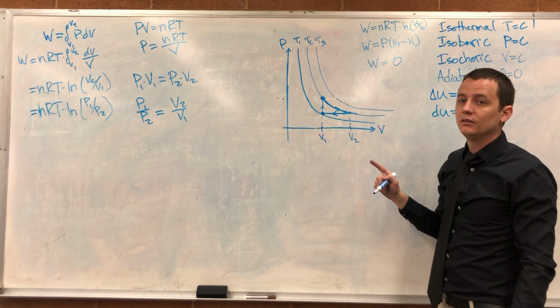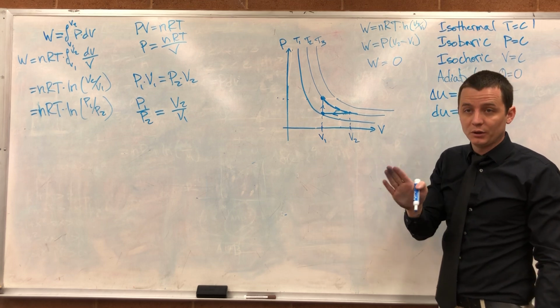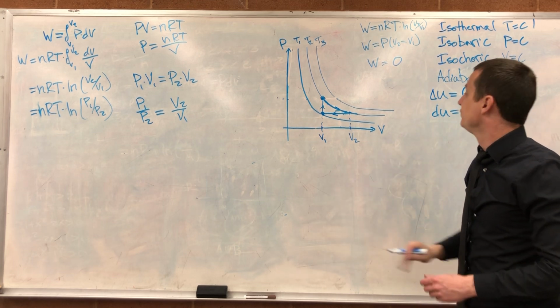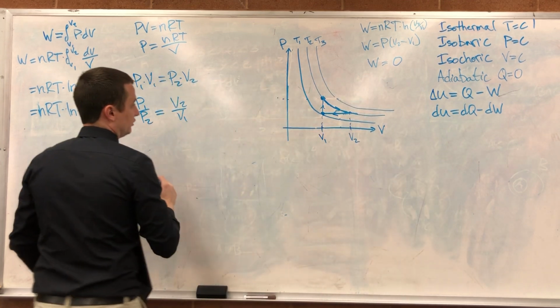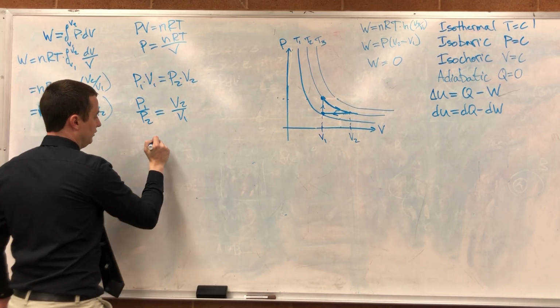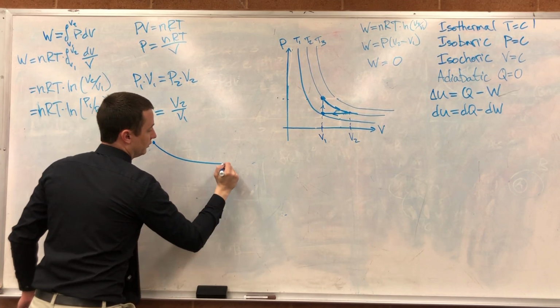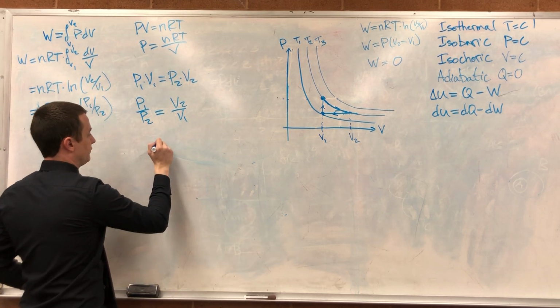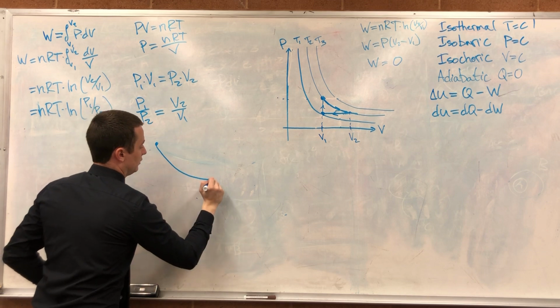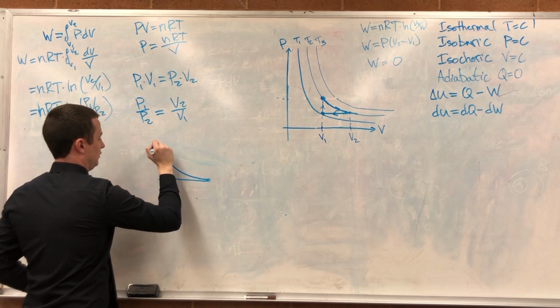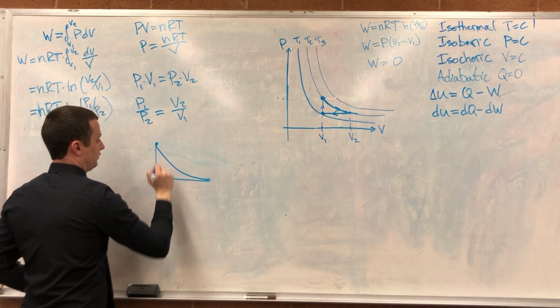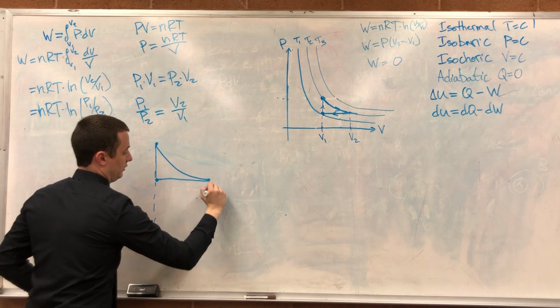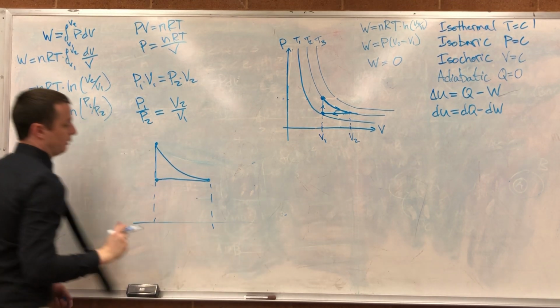Not 0. So the work we do, and it's kind of making a mess of that picture there. I'm going to draw something similar over here, just bigger, so that we can hopefully see it better. Here's my loop, right?